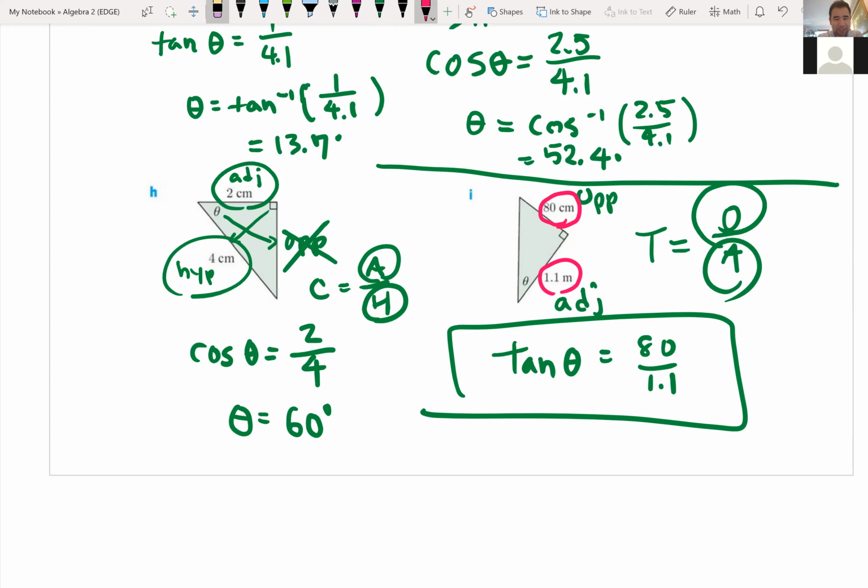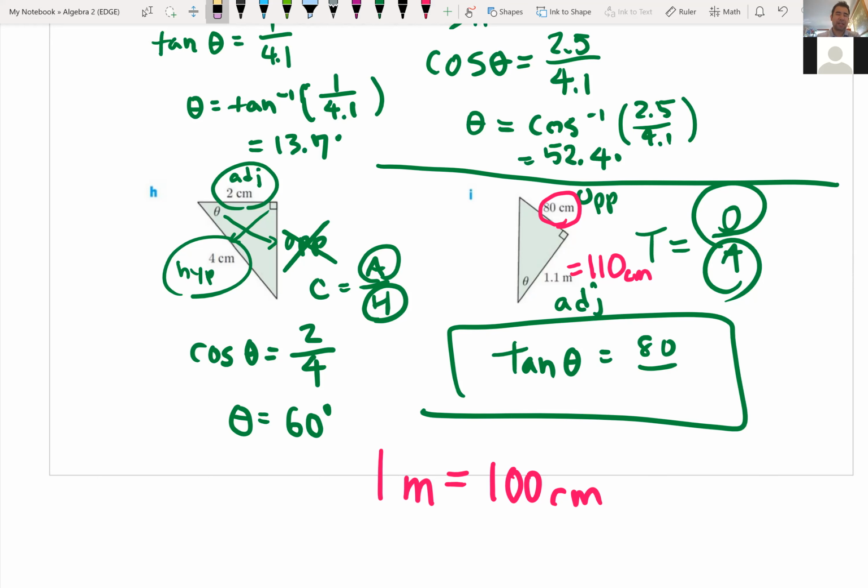One way is that 1 meter is 100 centimeters. I don't require you to memorize that, but that means this 1.1 meters is actually 110 centimeters.